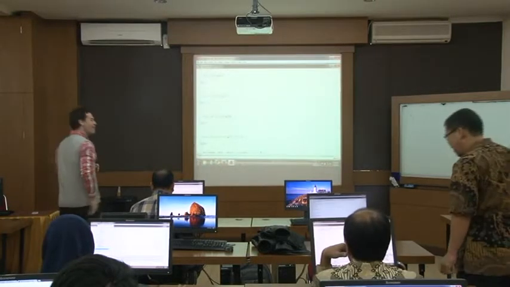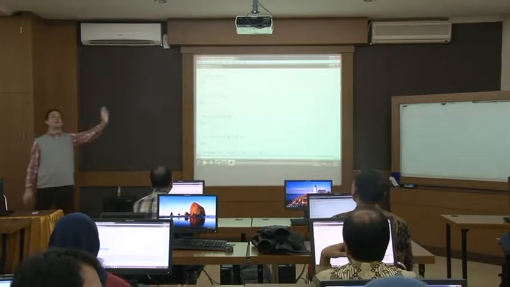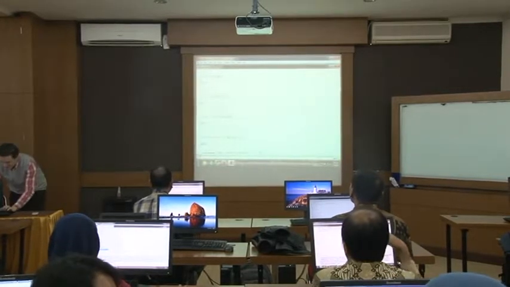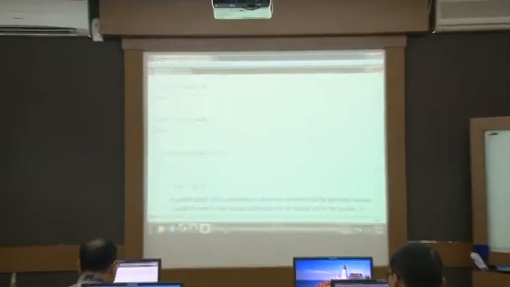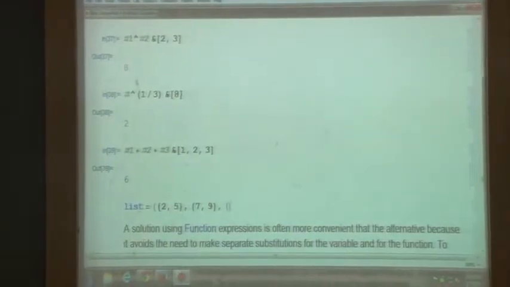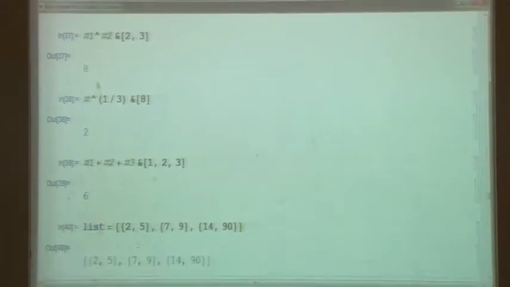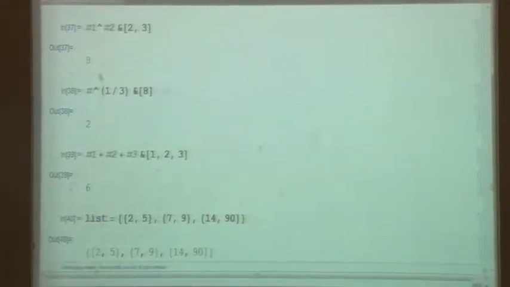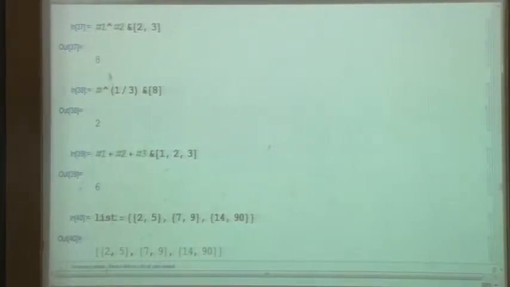Okay, you asked me why would we use this, right? So let me give you an example. Let's put a list. All right, so this is my list, and imagine that I need to calculate the distance between these coordinates.